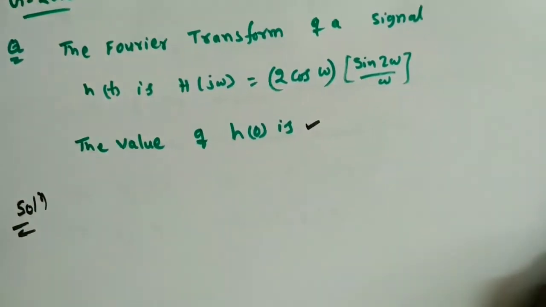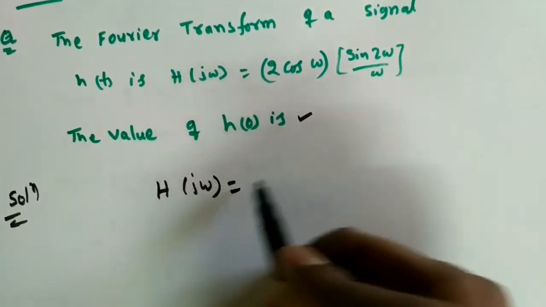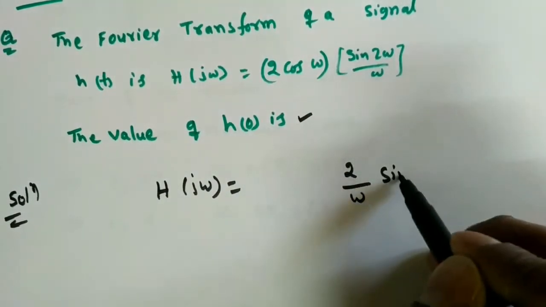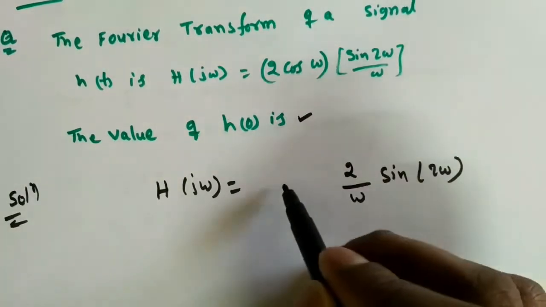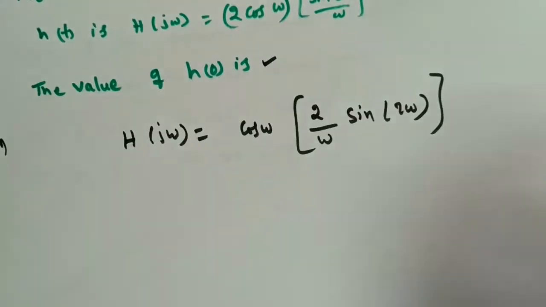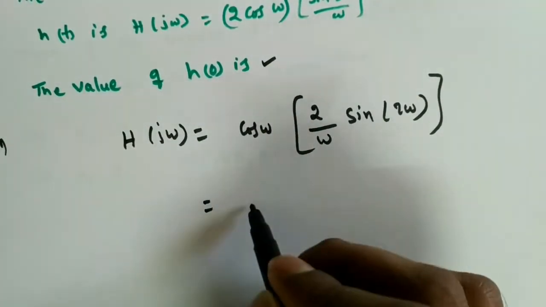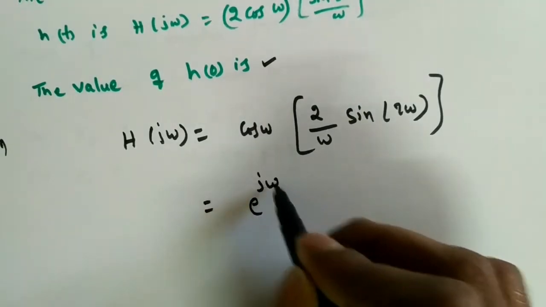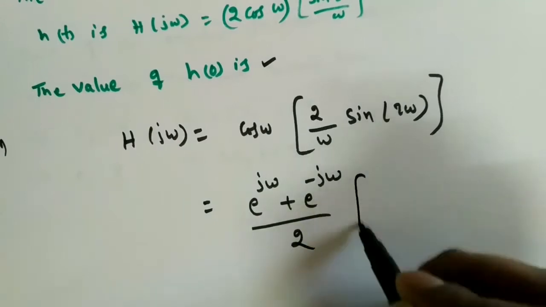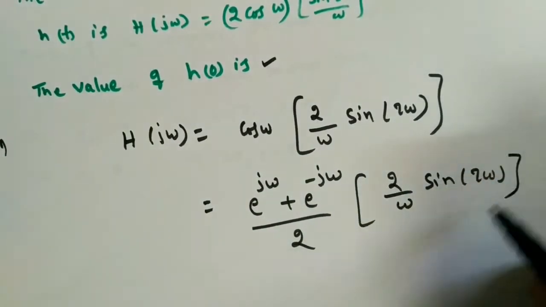So first we'll take H of j omega like this. This 2 I will make 2 by omega sin 2 omega, and cos omega I will keep separate. Now if I expand this by Euler's relation, it will become e power j omega plus e power minus j omega by 2 into 2 by omega sin 2 omega.